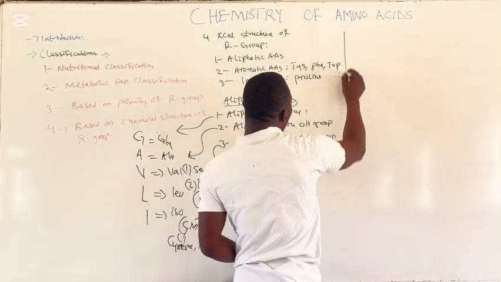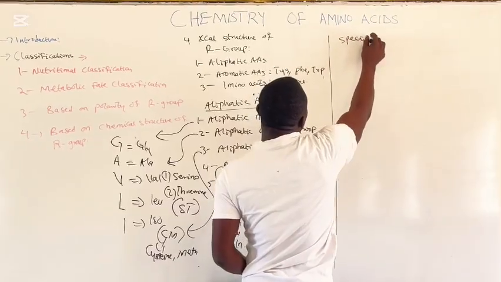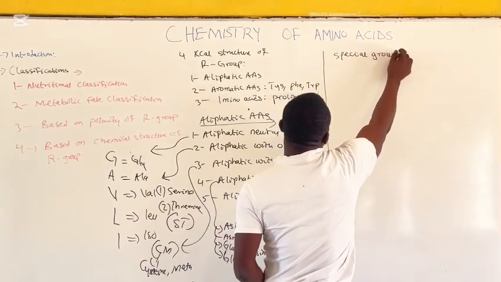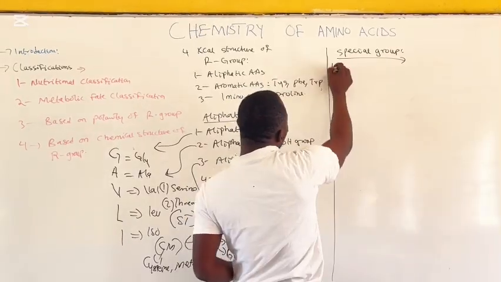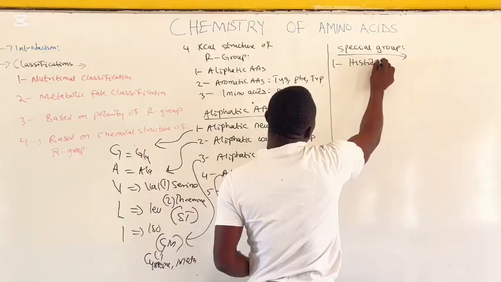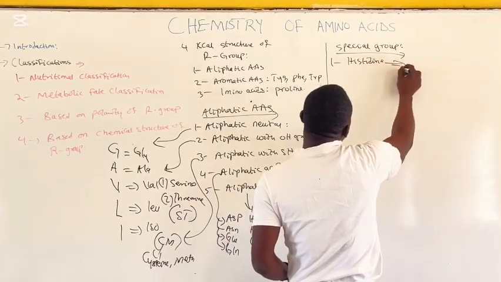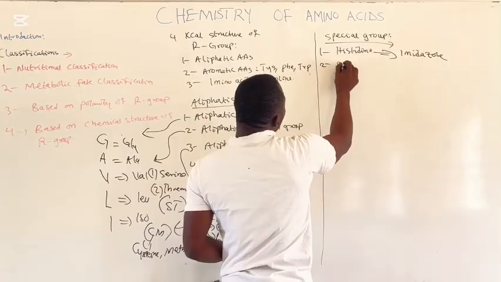There are some amino acids that contain special groups. For example, 1. Histidine contains a special group called imidazole. 2.